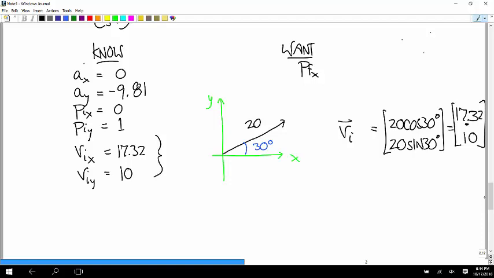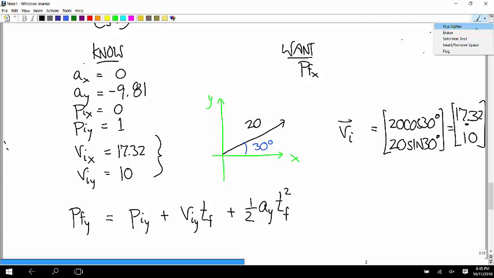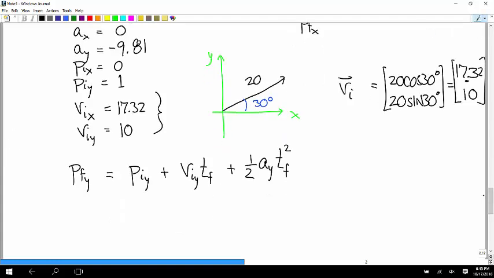So what's our plan B? We want to find time final. To find time final, we can use PFY is equal to PIY plus VIY TF plus 1/2 AY TF squared.